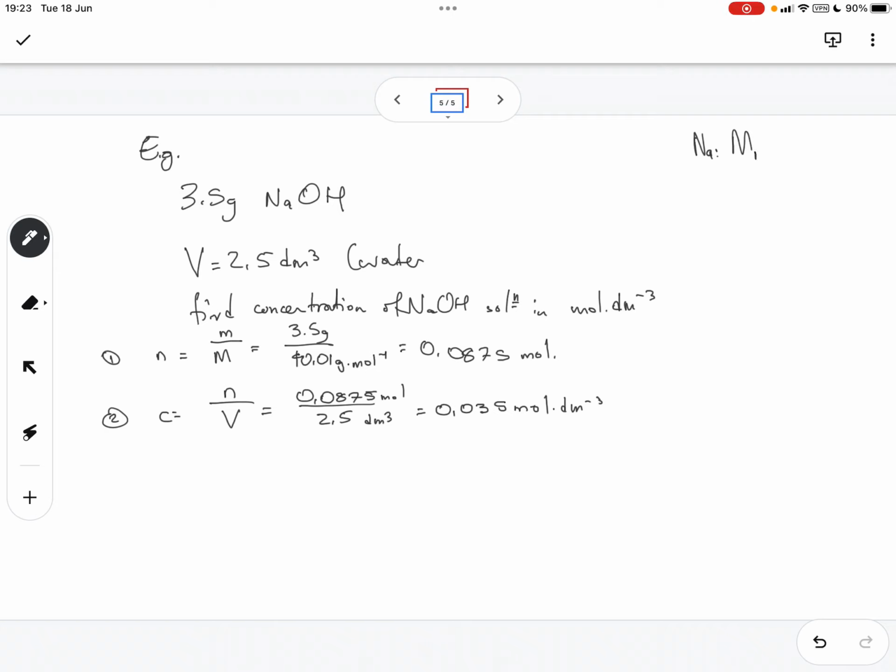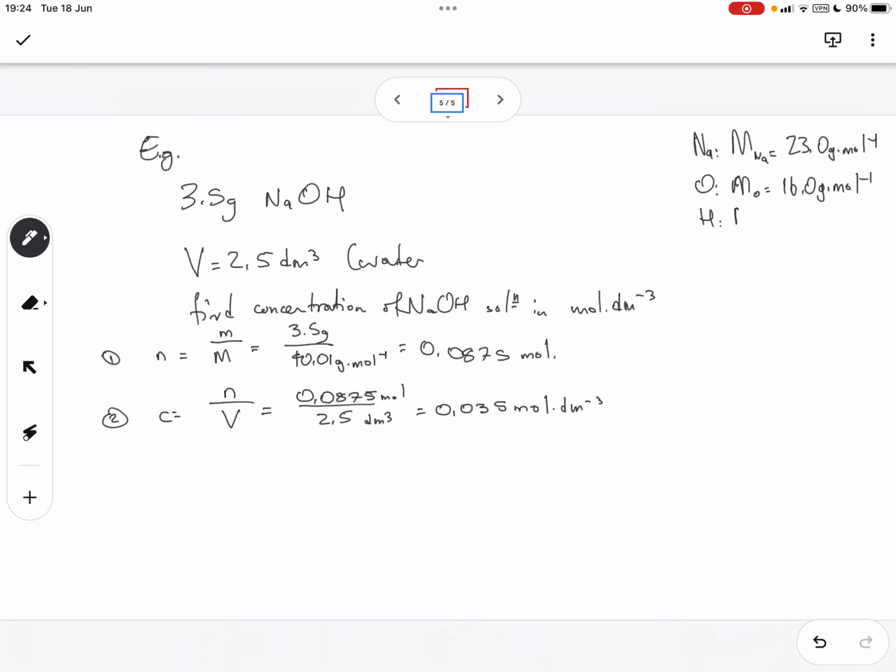For sodium, the molar mass is on the periodic table: it's number 11, row 3, column 1, and the molar mass is 23.0 grams per mole. For oxygen, it's element number 8, and its molar mass is 16.0 grams per mole.